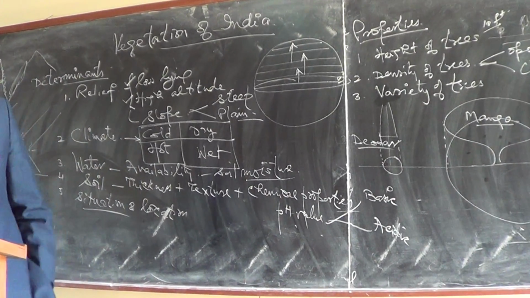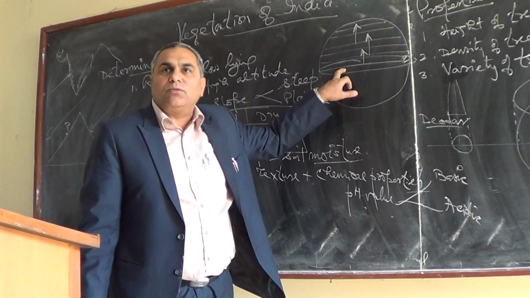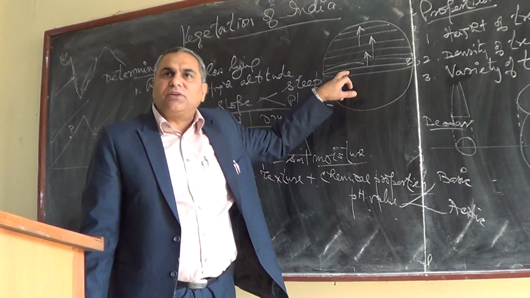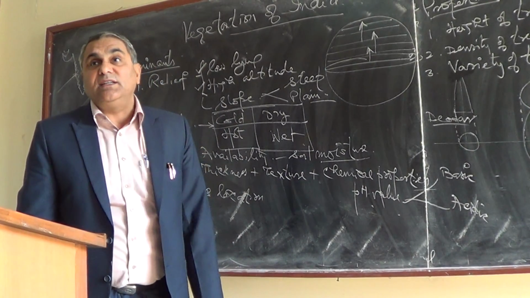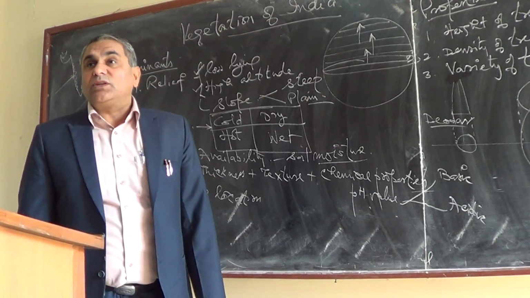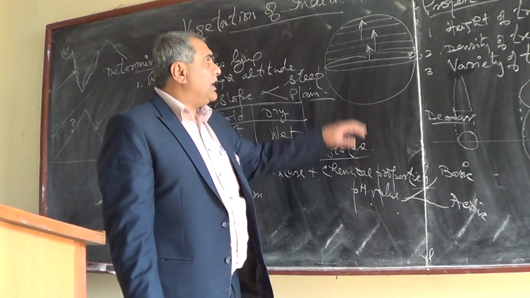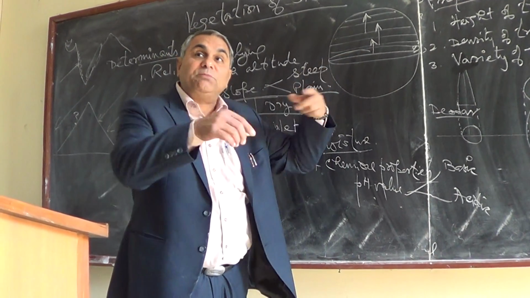You know, in equatorial forests, like in the Amazon river valley, the Zaire river valley, Southeast Asia, Andaman Nicobar, or the Western Ghats in India, those are closer to the equator. In Southeast Asia, Malaysia, Indonesia, we have maximum diversity of vegetation, the maximum different types of trees.